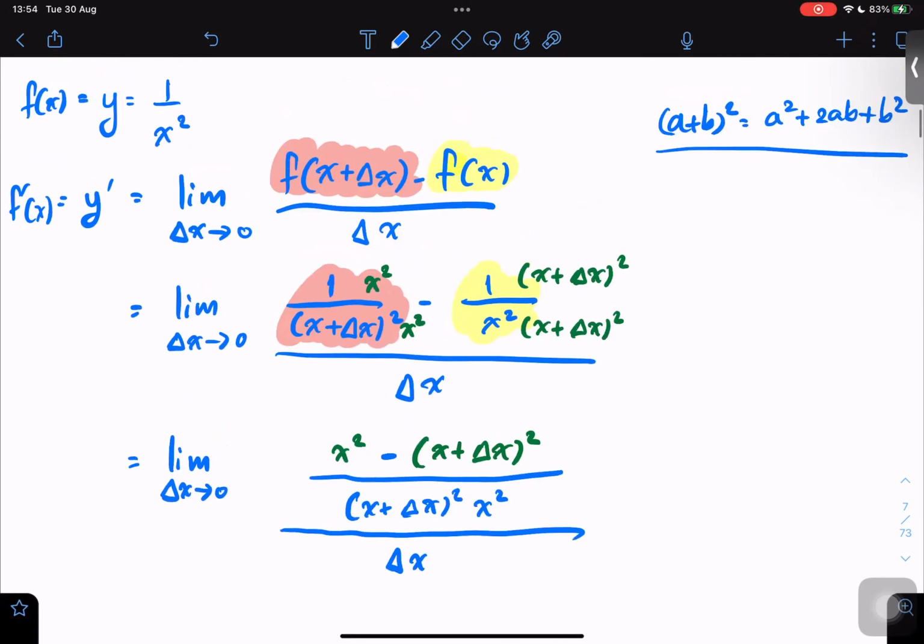Now you can use this formula for this one, and then you can work it out. This is one way, or you can use another formula, which is a squared minus b squared will equal to a plus b multiplied by a minus b.